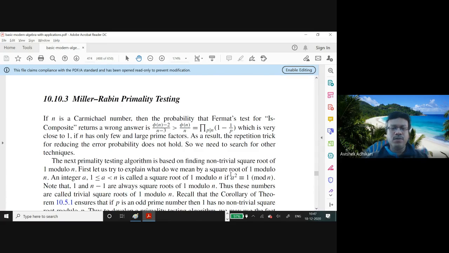If anybody is interested, he or she may look at my book, Basic Modern Algebra with Applications, page number 474. On page 474, you will have the Miller-Rabin primality testing algorithm as well as the theoretical background or the correctness proof. But in my class, I will basically show you the basic justification, how it works.